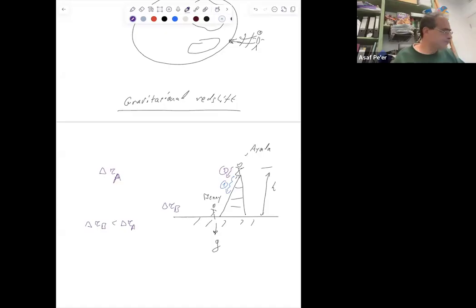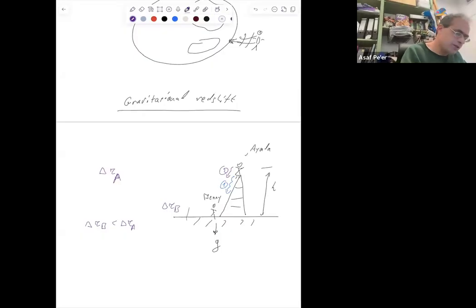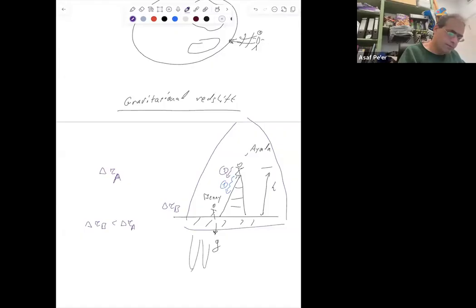How can that be? This is a direct consequence of the equivalence principle. Namely, instead of both of them being subject to the gravity, I can think of both of them as being inside a spaceship that is accelerated at acceleration a, which is equal to g.